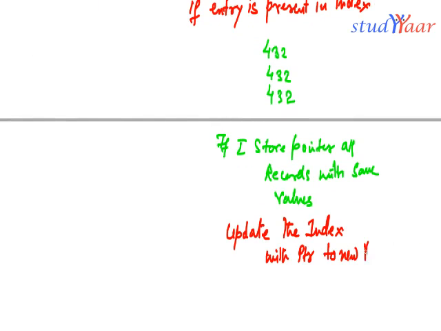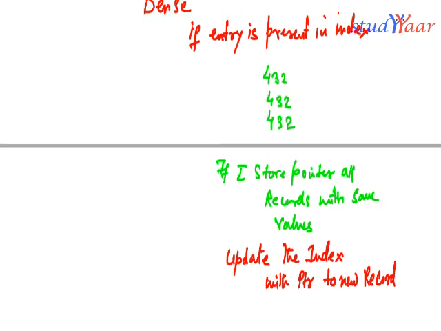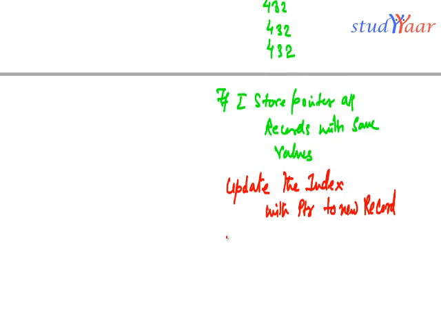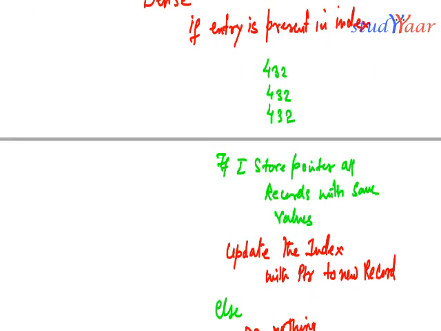Otherwise, I already have the pointer to the first record which has this value, and I do nothing else. So that is if the entry is present in the index.